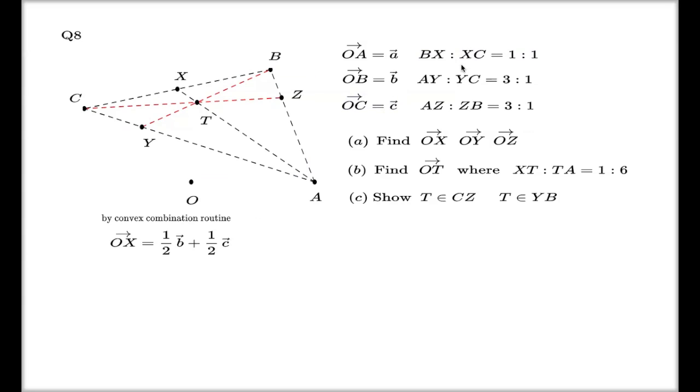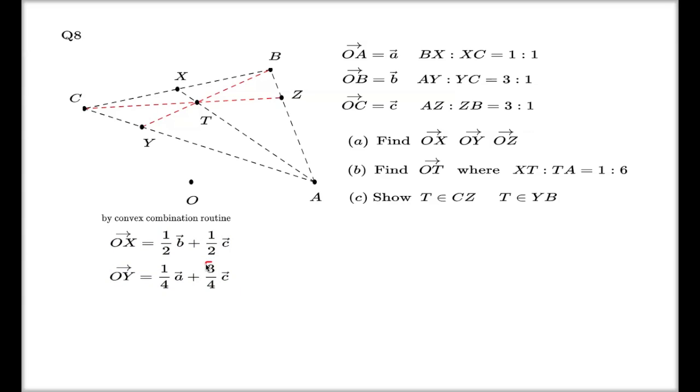For instance, if I take this proportion, AY, and the vectors which are pointing at the ends of the segment, that's the vectors OA and OC. Again, I can ask for help from the software. That's the kind of relation we will have for the OY vector. Let's look at this carefully. It's not a symmetric relation.